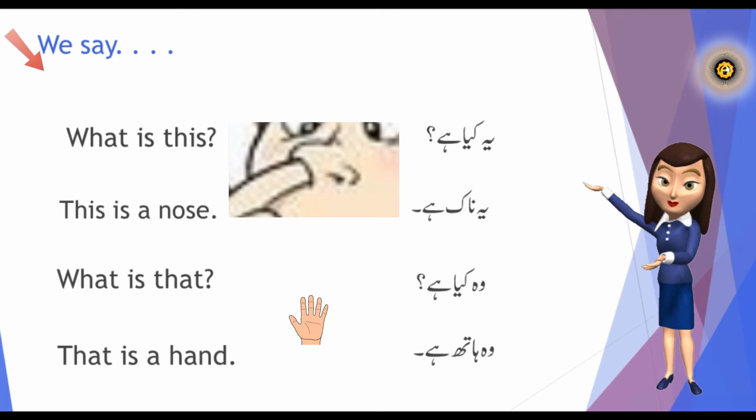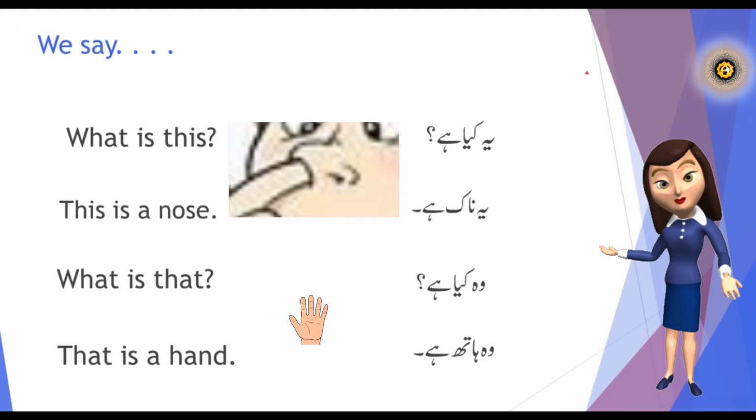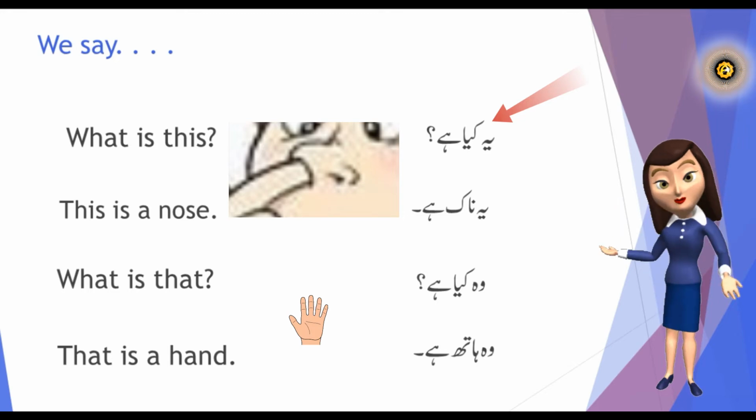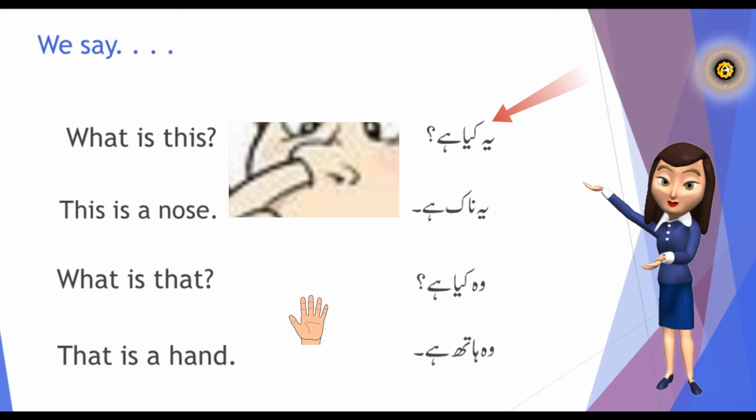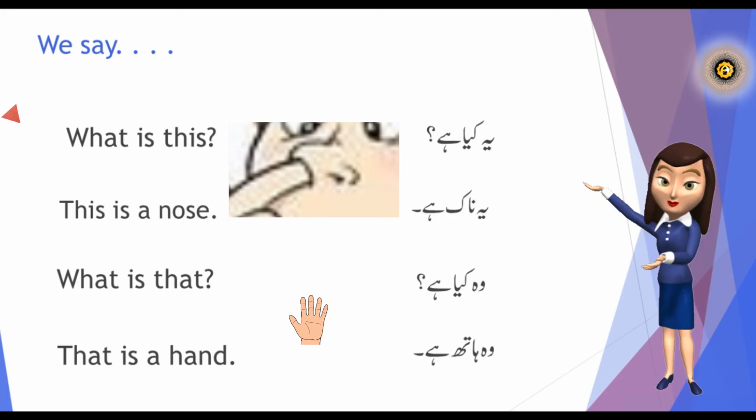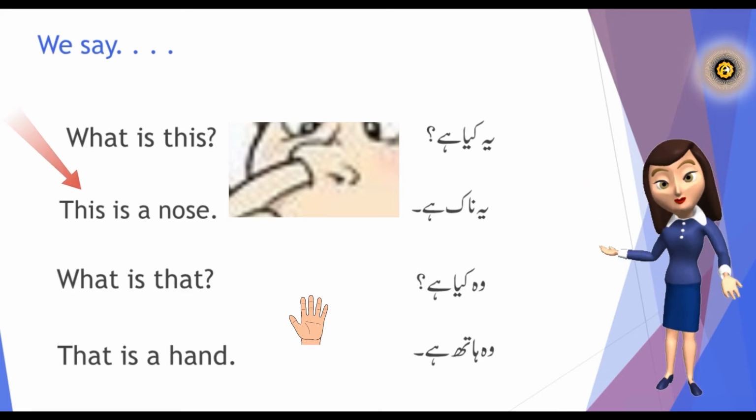Let's repeat one more time. In English we say, what is this? And in Urdu it is, ye kya hai? Remember, it is for the things that are near. And the thing is singular, one, this. Then in English, the answer to the question is, this is a nose, because there is a picture of nose here.